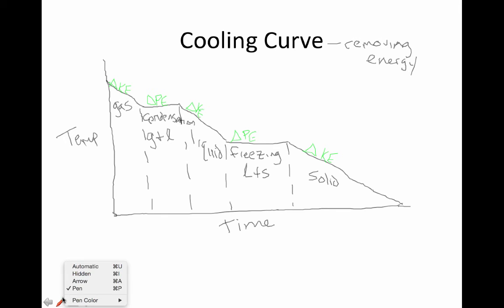The next thing that we need to add is our points of interest. So we'll add those in blue. So here we have a gas that is just starting to go to a liquid. So right there is our condensing point. And on the other side of that condensing point is our boiling point.